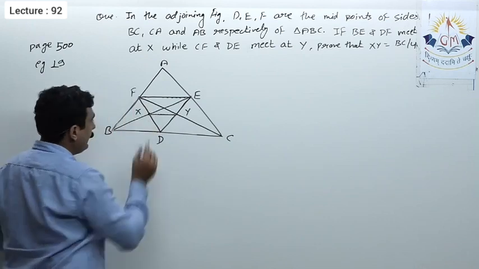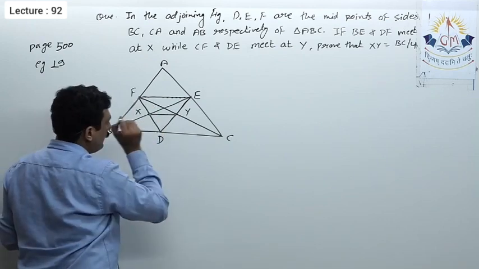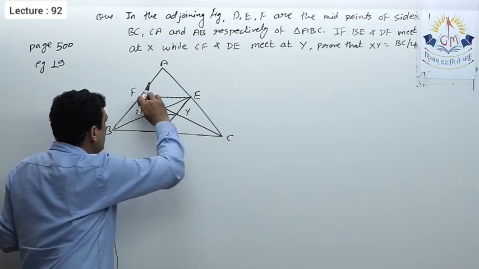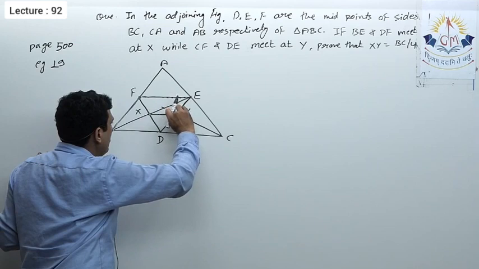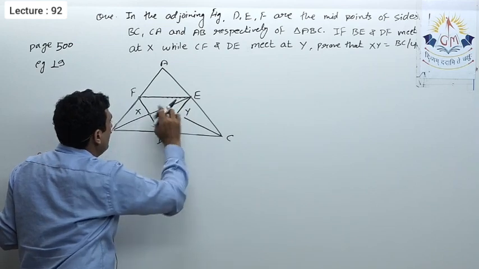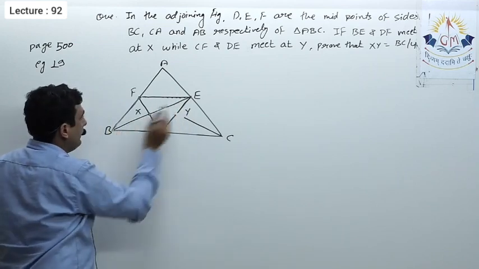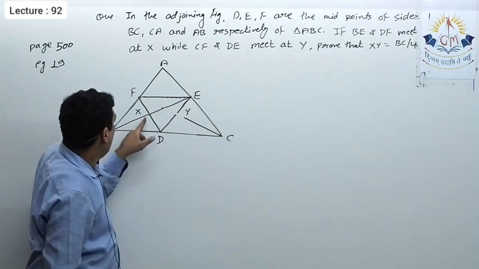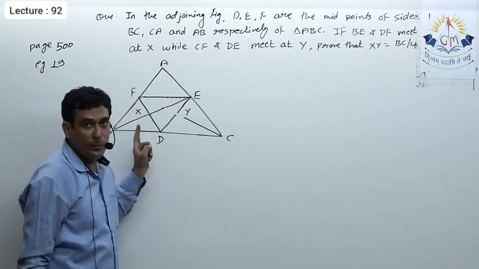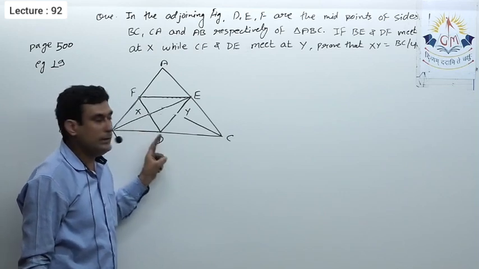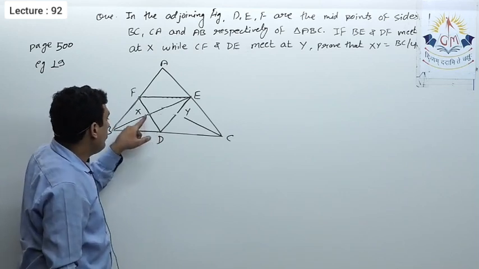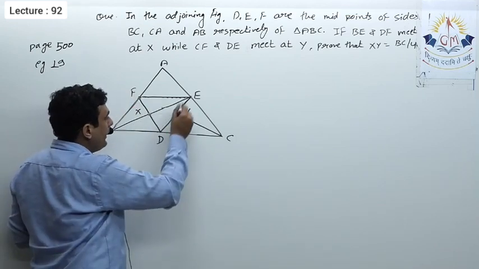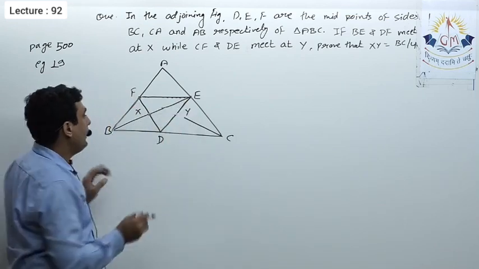I need to prove that X is the midpoint of FD. Let me remove this, then I think you will be able to see. Now X will be the midpoint of FD because in a parallelogram, diagonals bisect each other. Similarly, I will prove Y is the midpoint of DE.